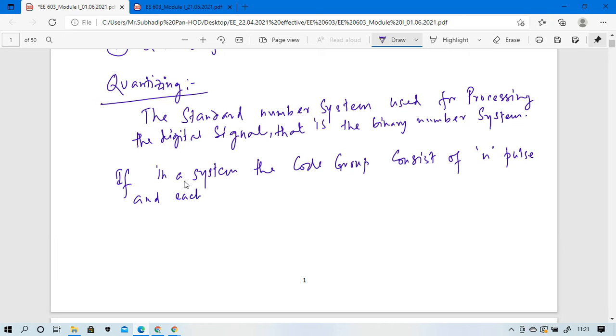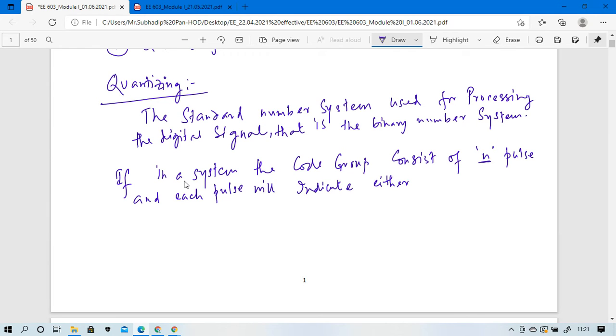Each pulse indicates whatever pulse we are getting from the input. There should be n number of inputs, because we are not giving only a single input; we have n number of inputs. Due to this we get n number of pulses.